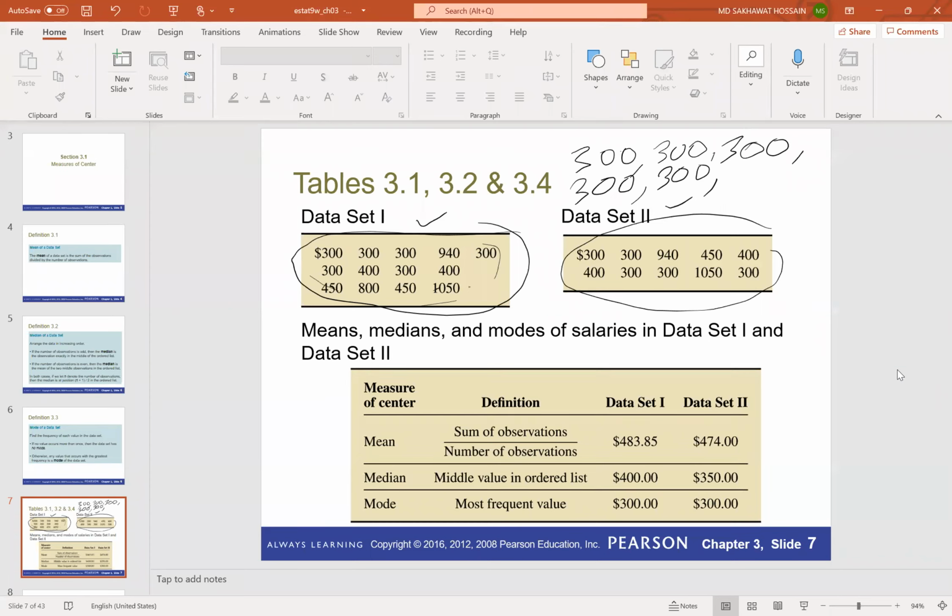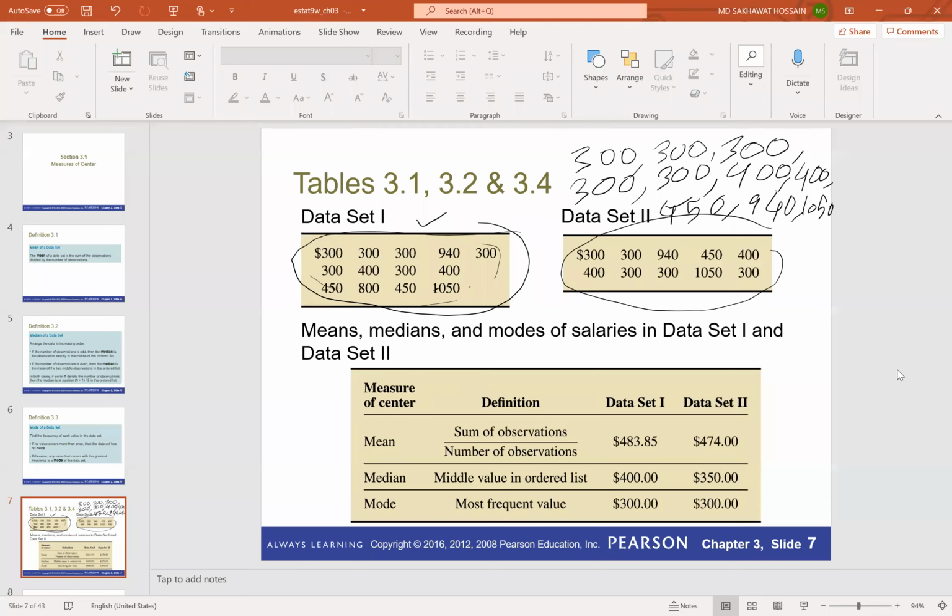The next number is 400, then 400, 400. Then we have 450, 450, then 940, and the last number is 1050.